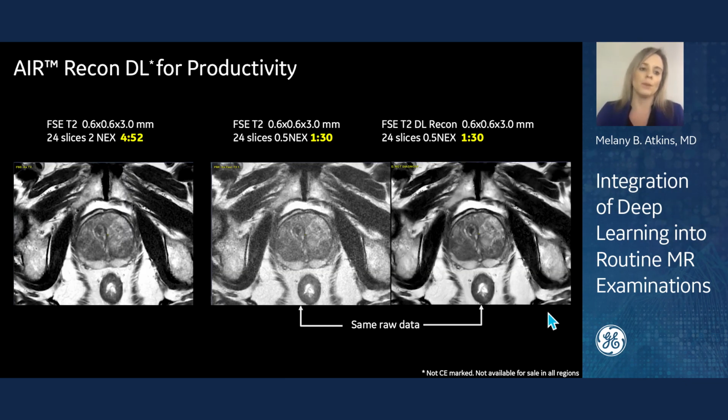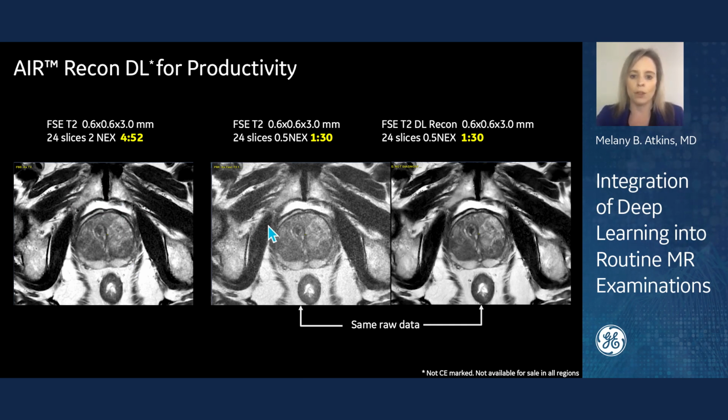But if you don't want to use deep learning reconstruction for resolution, you can combine that with productivity as well. You can see here in this T2 weighted sequence of the prostate, on the bottom left we have a 4-minute 52-second acquisition for our traditional T2 weighted sequence.